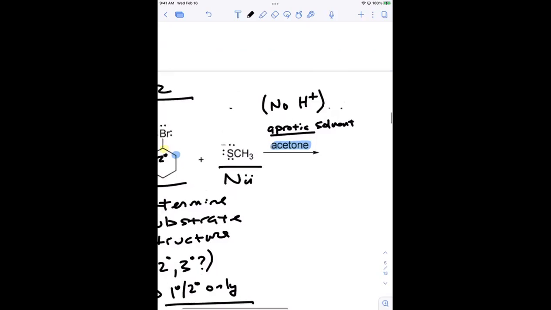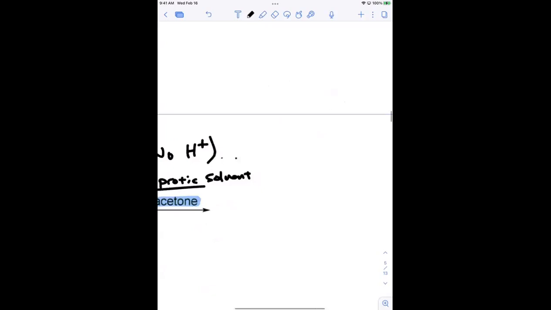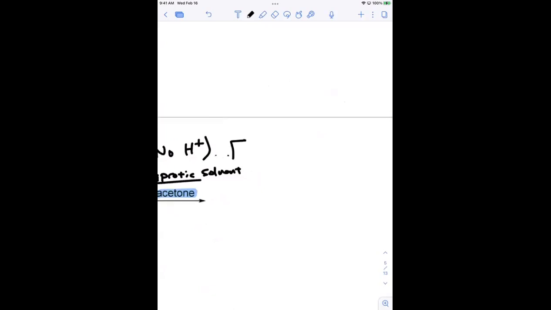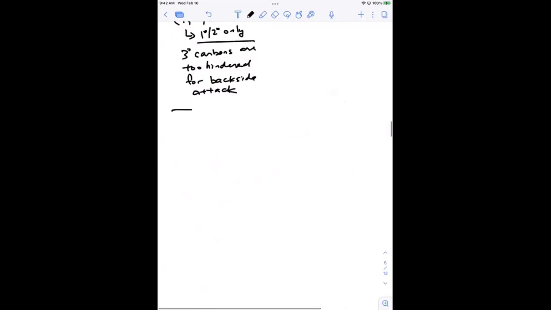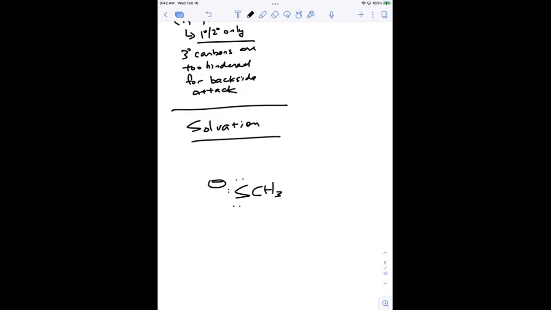And so for an SN2 type mechanism, doing the reaction in an aprotic solvent precludes what we call solvation. I'm going to show you what that means. What happens if you do this reaction in a protic solvent is your nucleophile gets surrounded by protons.